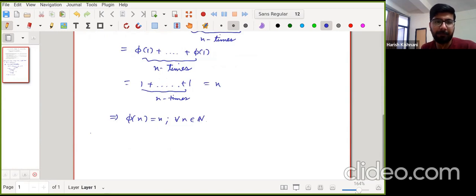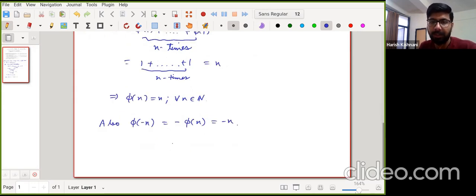We all know that phi of a inverse is equal to phi of a, whole inverse. So phi of minus n, which is the additive inverse of n, is nothing but minus phi of n, which is minus n. This is also true for all n in the natural numbers.